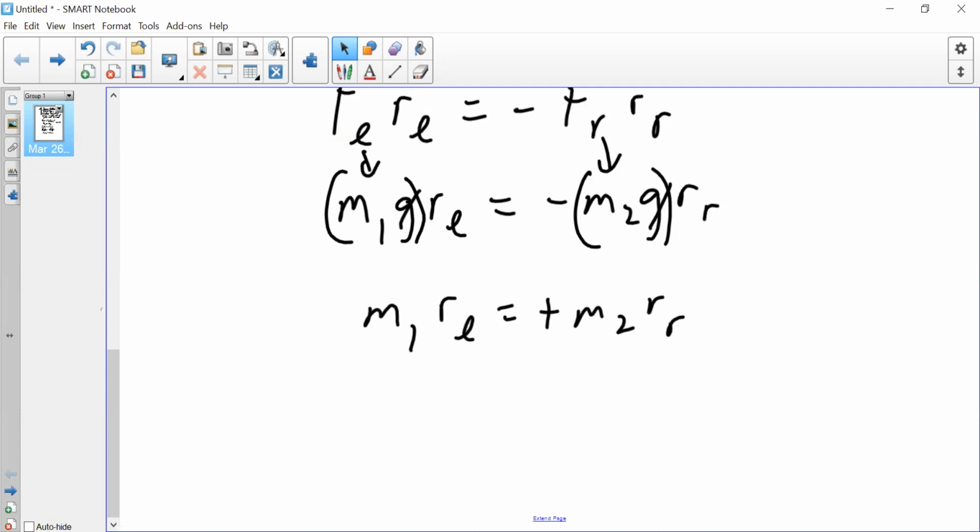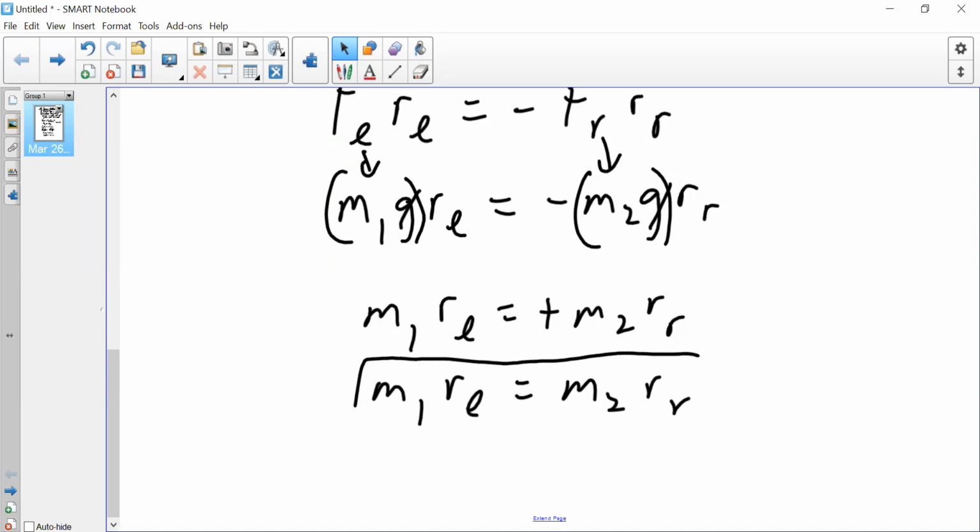So it's just M1 radius on the left equals M2 radius on the right, especially if we're just dealing with two masses. This is our general equation, because we just want to get the magnitudes down, and then we can use that to play our game.